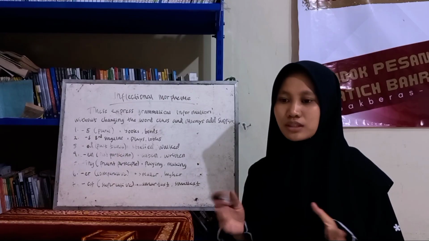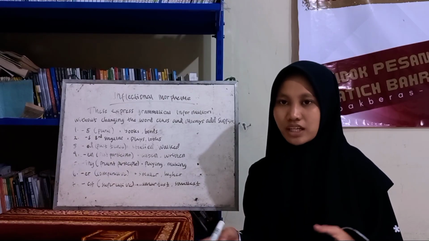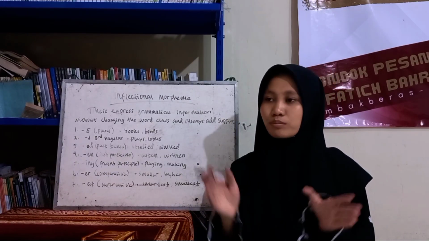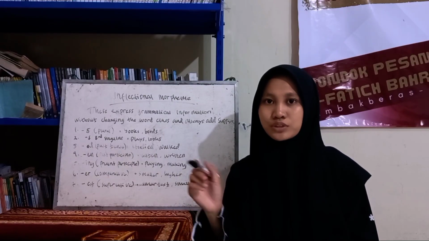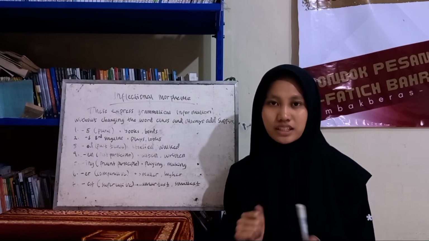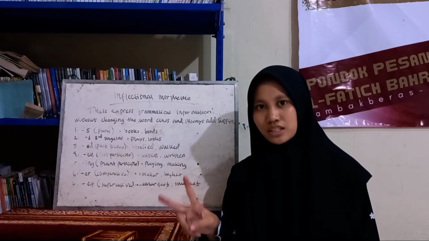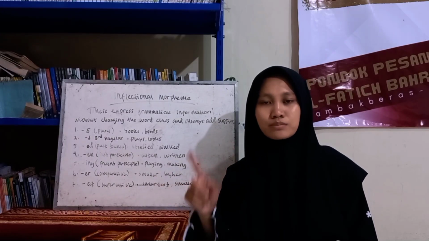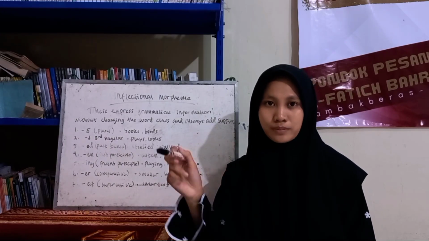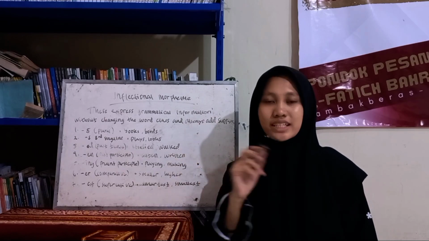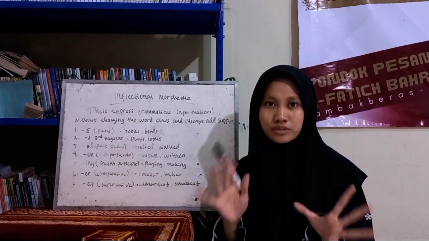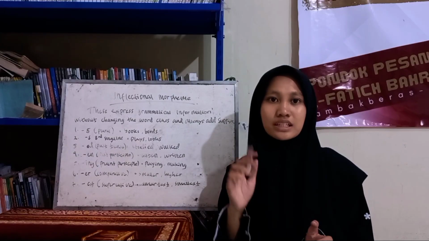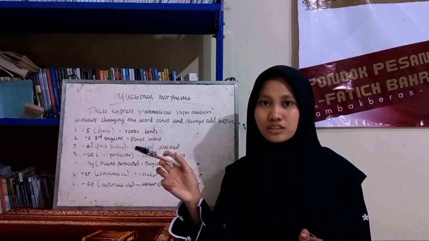Then we have studied about morpheme, the types and the kinds. Morpheme is the study of the smallest meaningful unit in a language. And there are 2 types, free morpheme and bound morpheme. Free morpheme is a morpheme that can stand alone, but bound morpheme cannot stand alone.